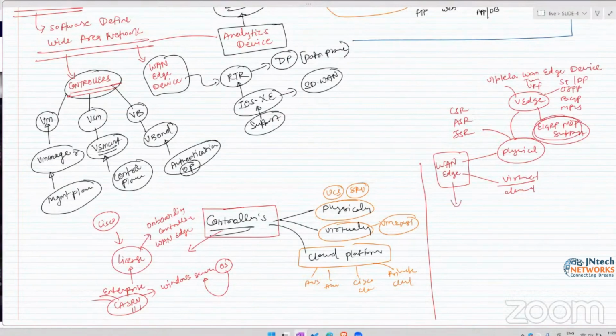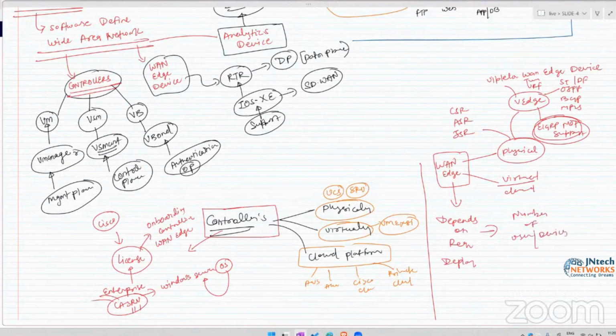Now one more thing. These vEdge devices are deployed depending on the requirement. If the number of users or devices is limited, we get different types of vEdge devices. Some vEdge devices come with Wi-Fi connection, some with extra CPUs.